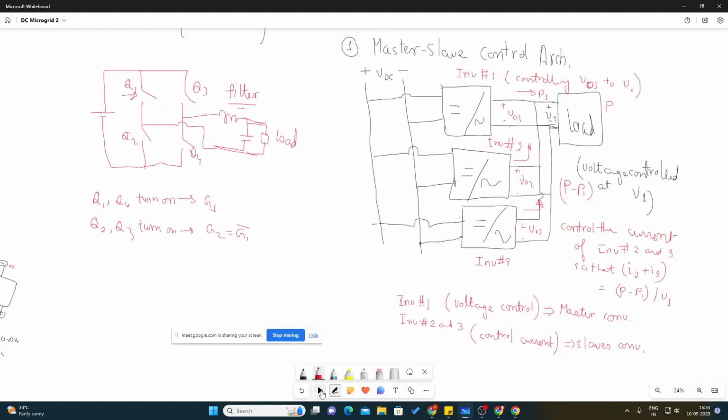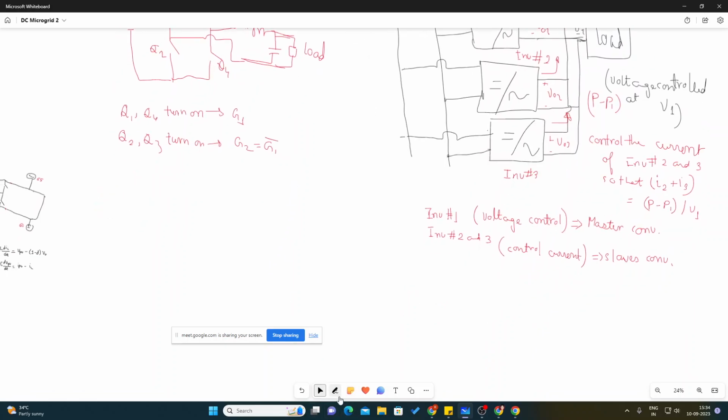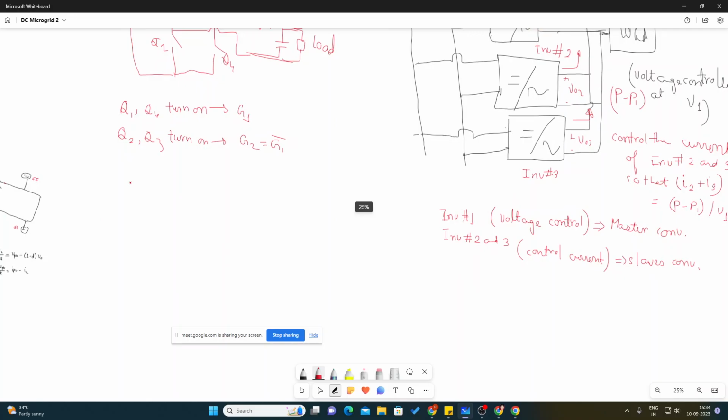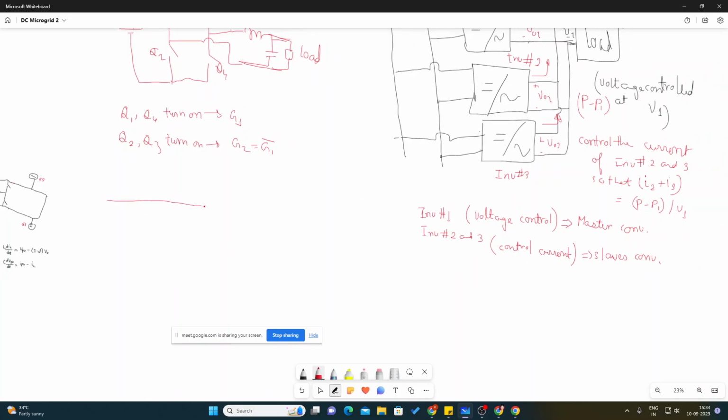Alright. Now what you need to do is, so you have G1 and G2. Okay, so now what you need is a carrier wave. There is a carrier wave of very high frequency, let's say 10 kilohertz, which is compared to a sine wave of 50 hertz.